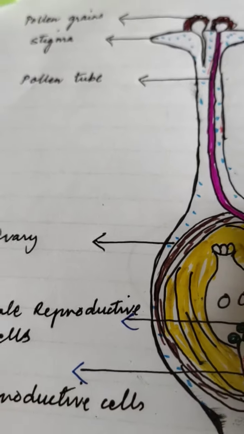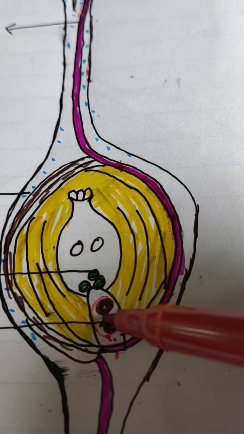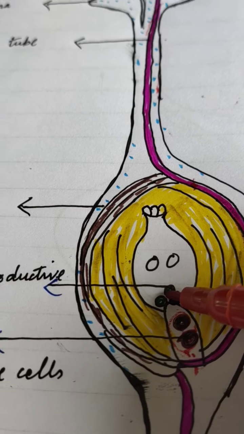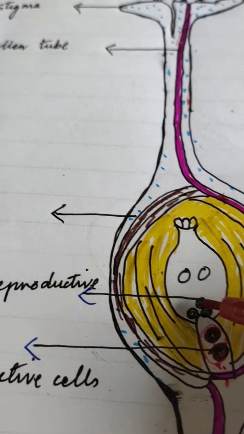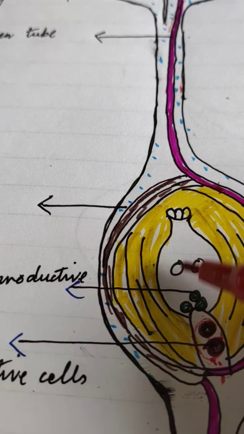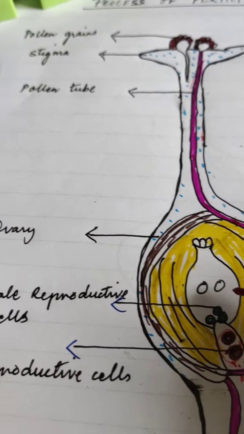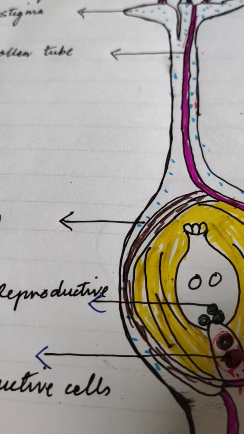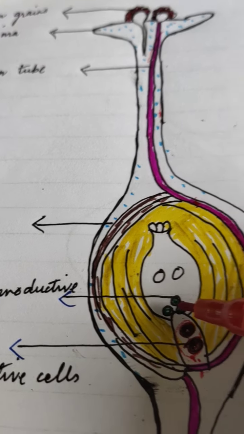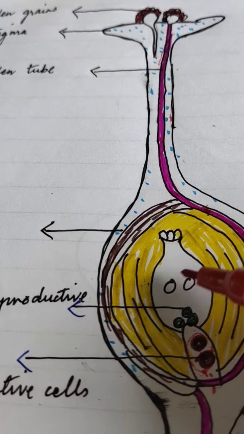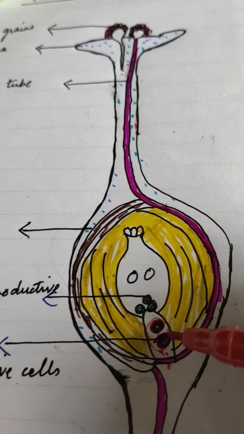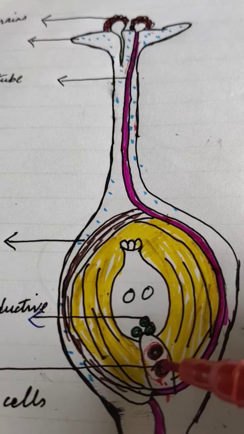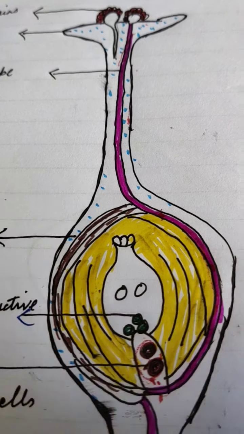Now when the male reproductive cells fuse with the female reproductive cells in the ovule, it forms a zygote. And the fusion of the male and the female reproductive cell to form a zygote is known as fertilization. So this is all about the process of fertilization.